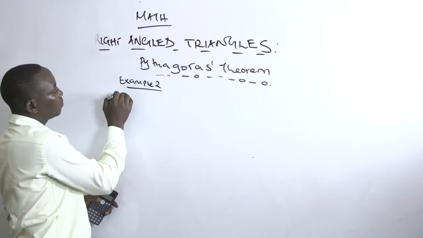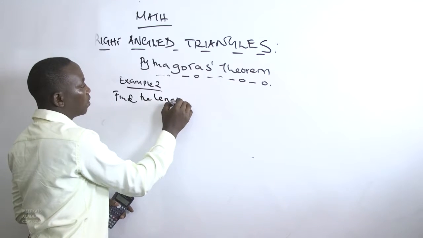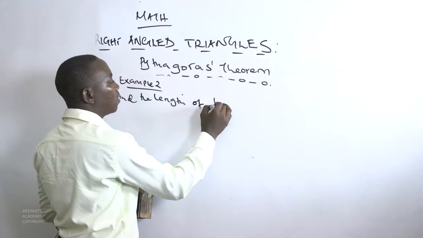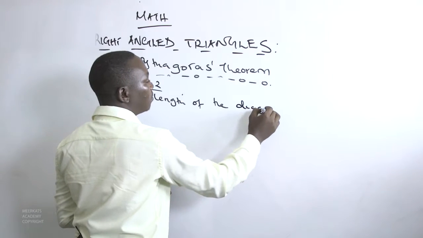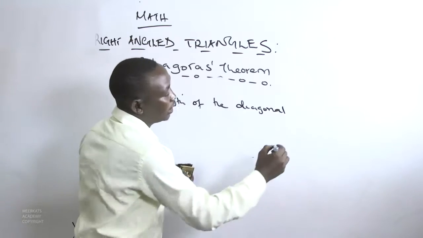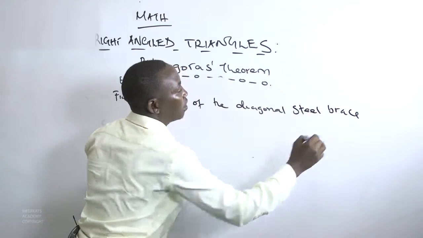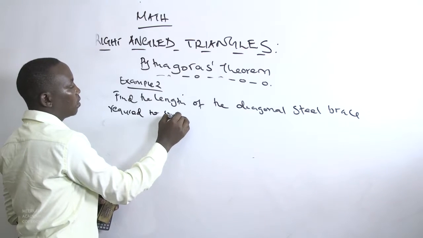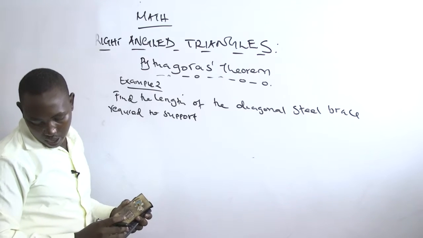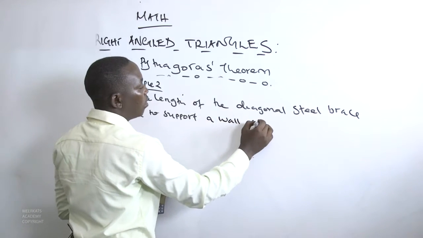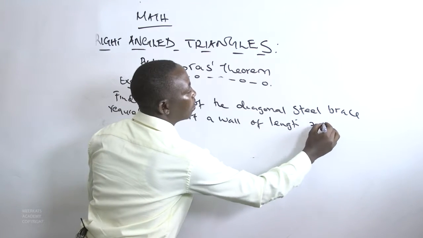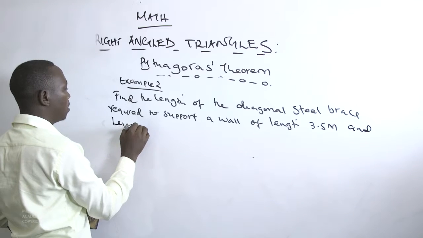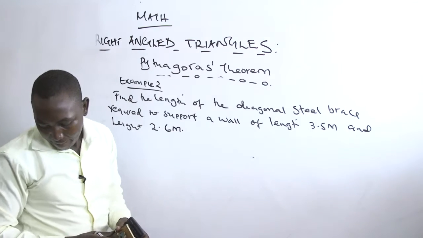Find the length of the diagonal steel brace required to support a wall of length and height 2.6 meters.